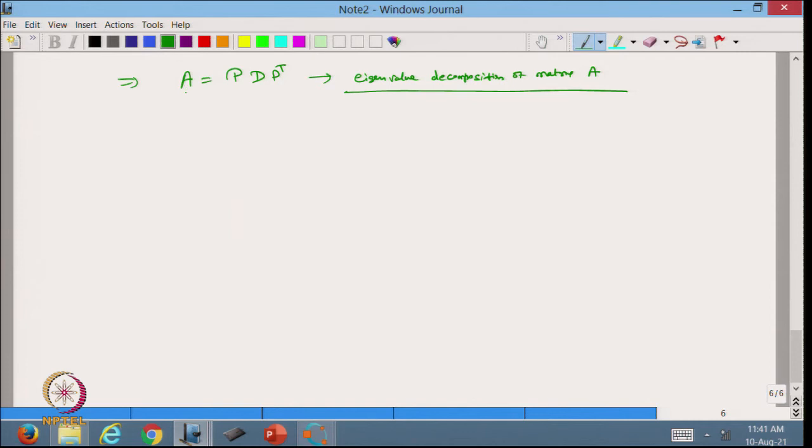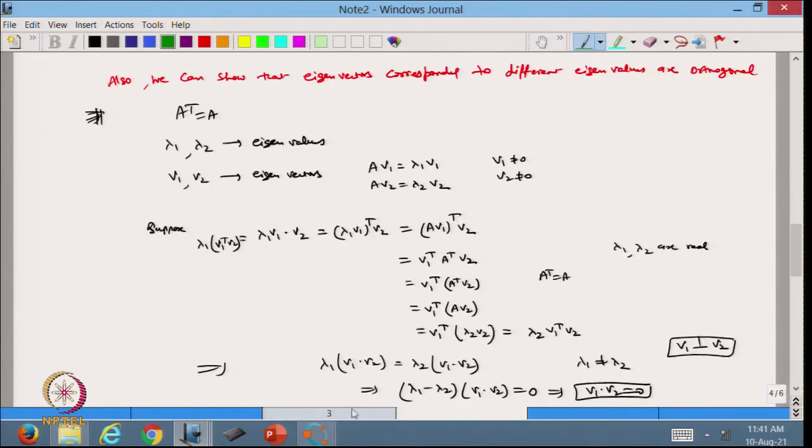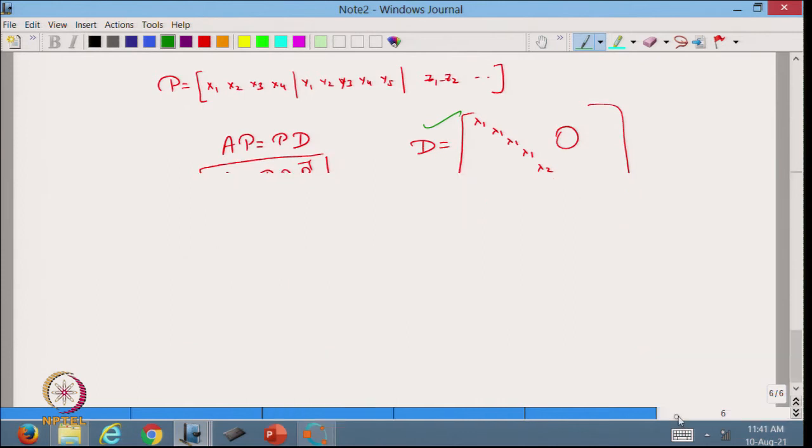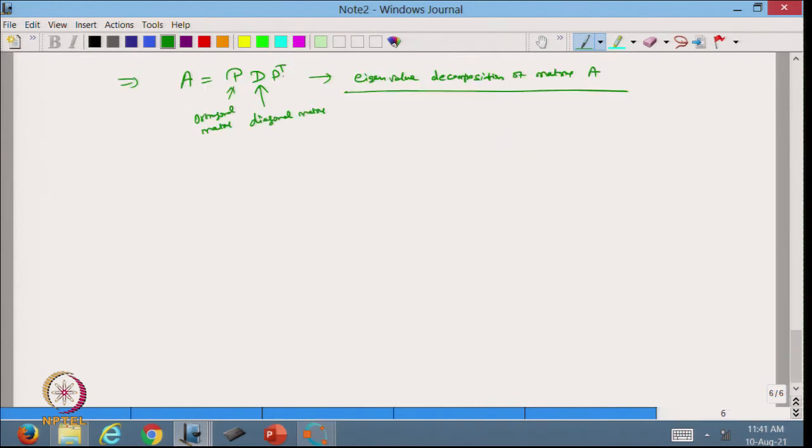So, if I write the matrix A in this form, where P is an orthogonal matrix and D is the diagonal matrix having the eigenvalues on the diagonal, like we have defined, then we say this is the diagonal value decomposition of the matrix A. We can do this for a symmetric matrix.